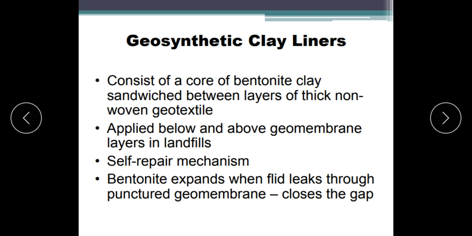Whenever there is damage to the liner system, we are providing these GCLs above and below, so this acts as a self repair mechanism. Bentonite expands when fluid leaks through a punctured geomembrane and closes the gap there.